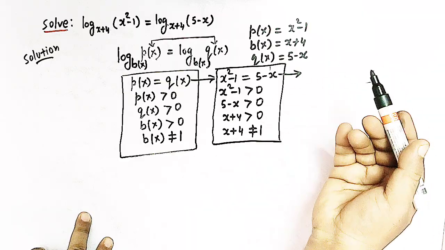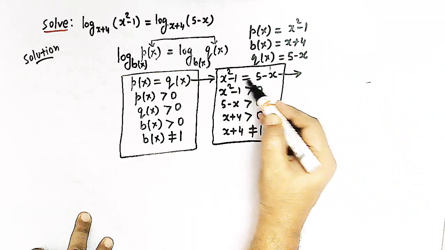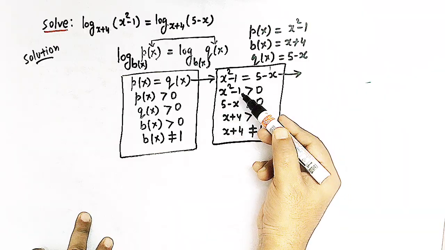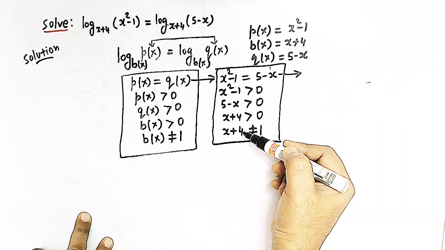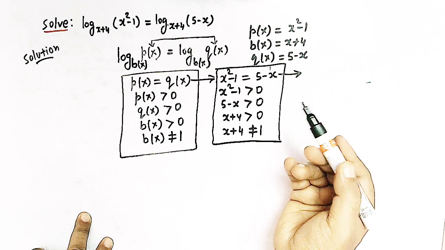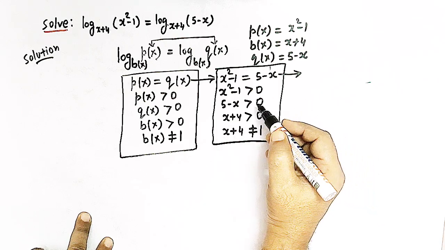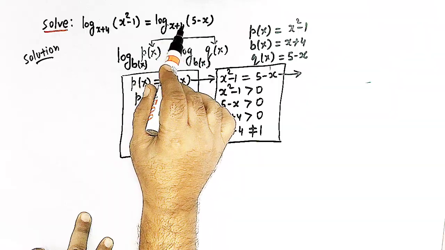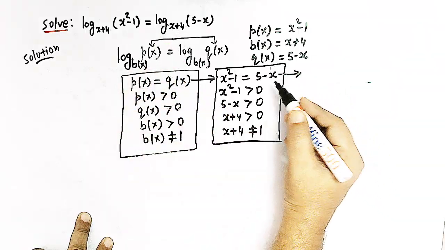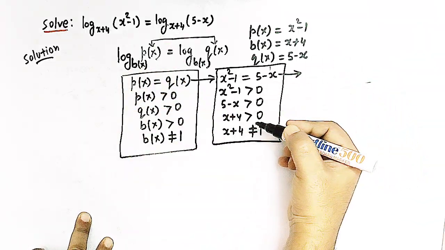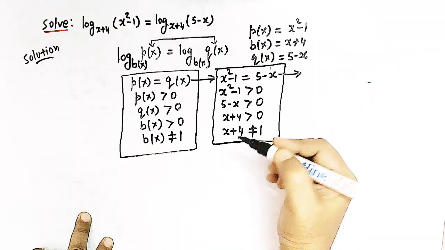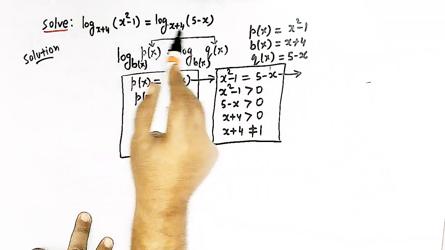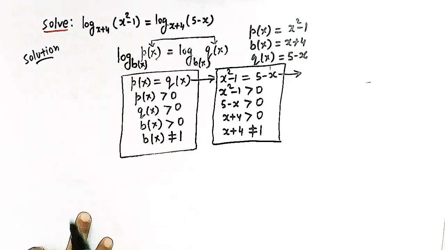And if any of the values of x obtained from solving this equation doesn't satisfy any of these conditions, then we can readily discard that value of x as a solution of this equation. And if the obtained value of x satisfies all the conditions, then we can accept that value of x as a solution of this equation.